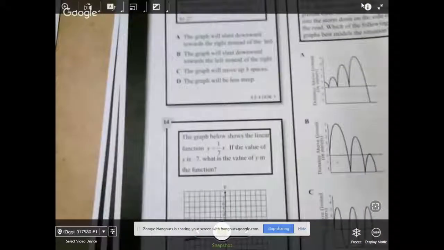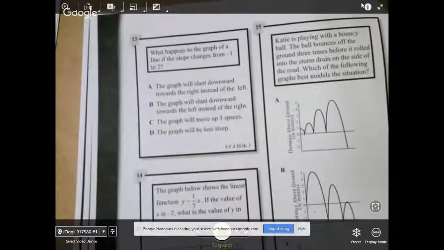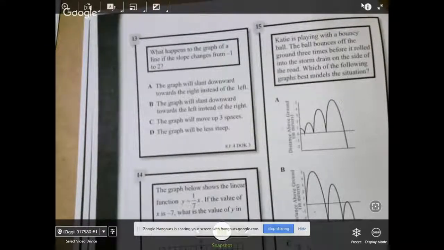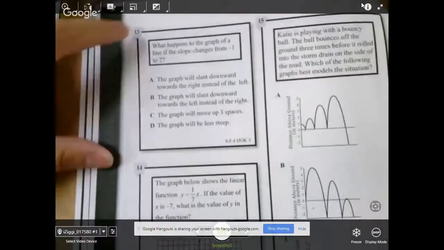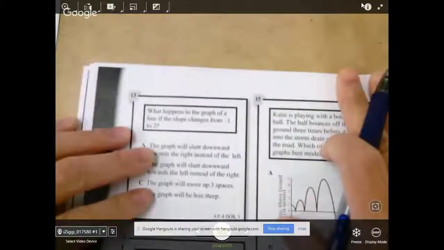Okay, so number 13, what happens to the graph of a line if the slope changes from -1 to 2? You think about a slope of -1, so m equals -1. The slope's going down.